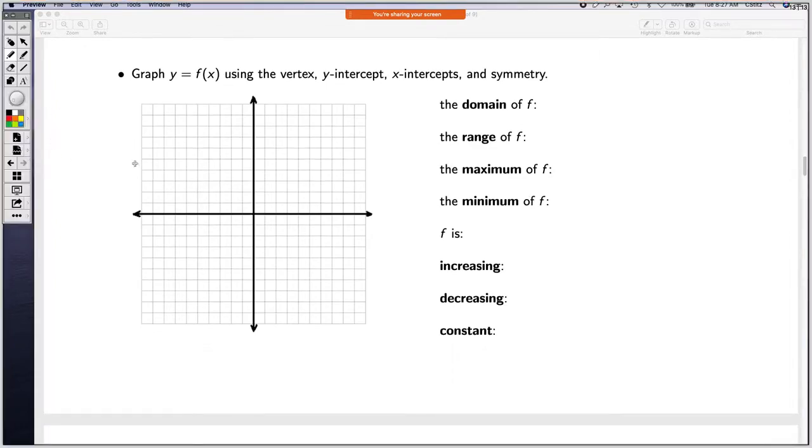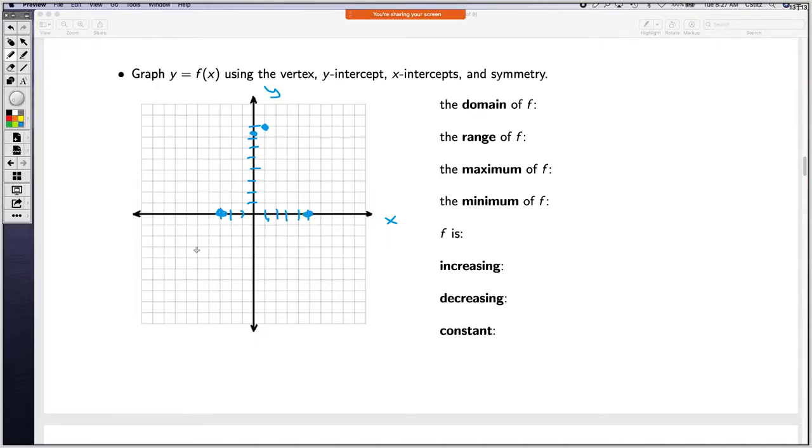The vertex we had was (1, 8). The y-intercept was (0, 7.5), so it's right up there next to it. And the x-intercepts were (-3, 0) and (5, 0).